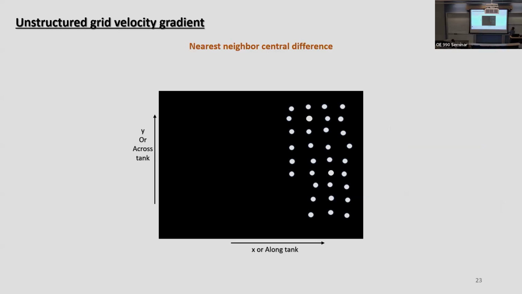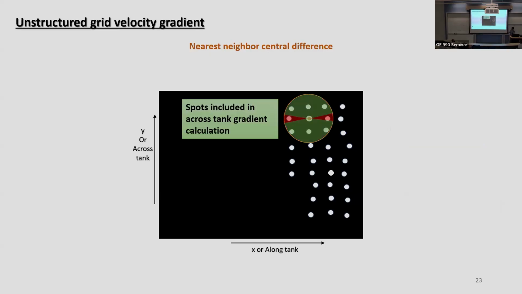First, we started with a central difference method using a nearest neighbor approach. We pick a circle at the center, we find all the nearest neighboring points, and we divide the circle into arcs in different phases around the wave. The difference between these would give you a cross-time gradient.